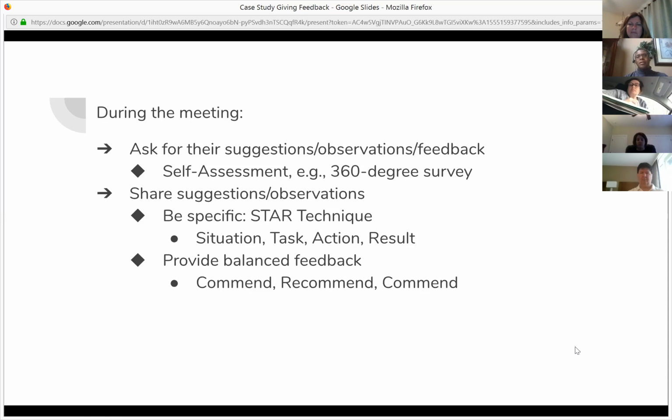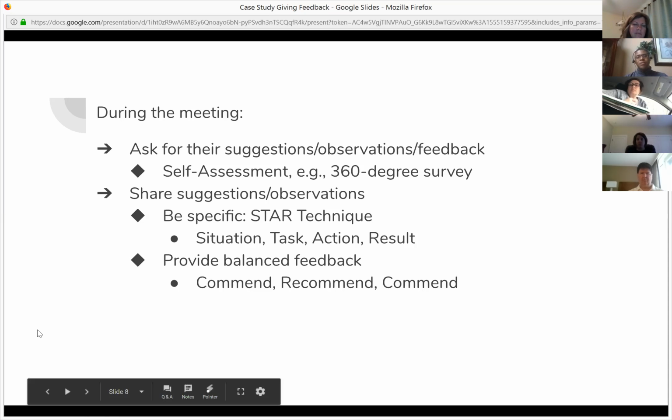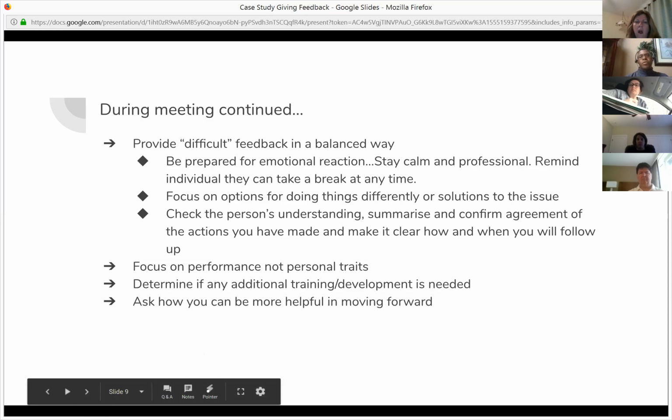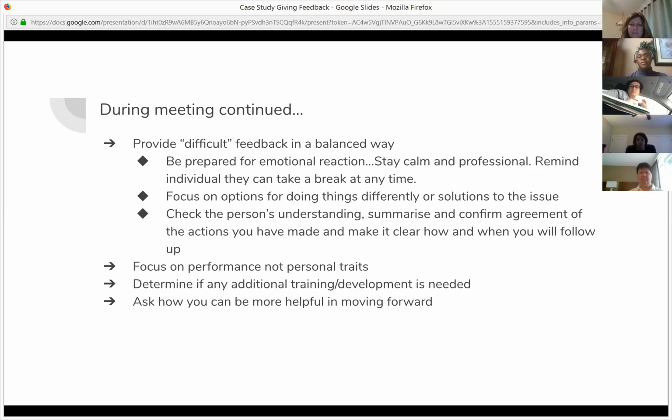Then also provide balanced feedback, similar to the sandwich method, where we commend, we recommend, and then commend again. Also, providing difficult feedback is another way in that balanced method.